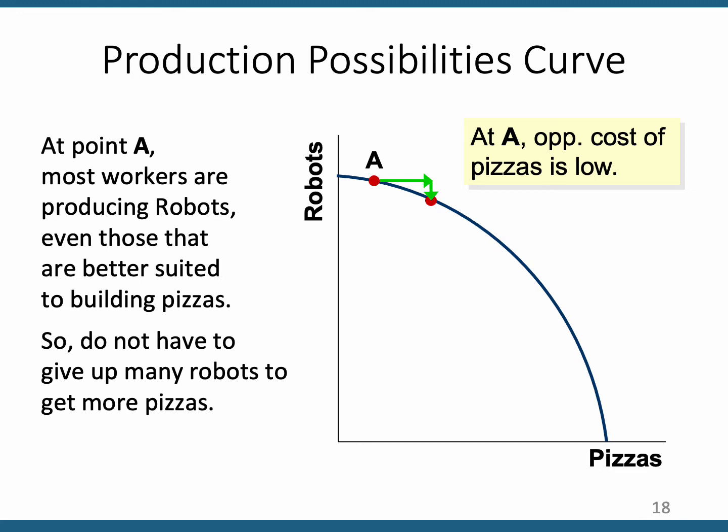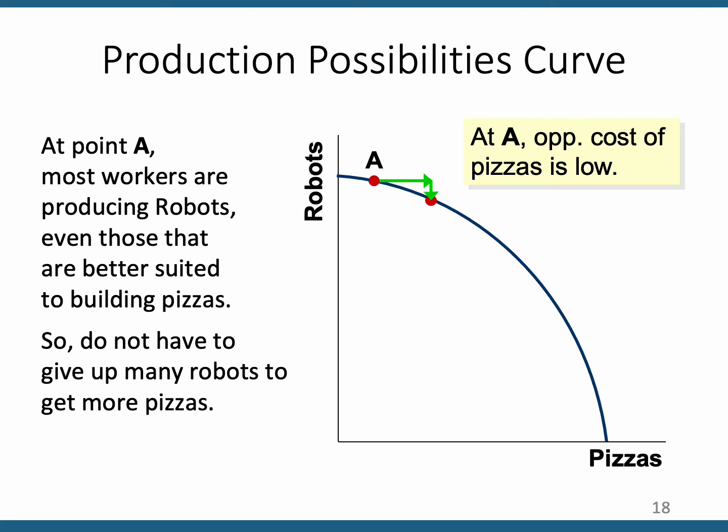The horizontal green arrow that points to the right is showing you what you're gaining in pizzas when you go from point A to point B. The smaller arrow, which is pointing downwards, that's showing how much you're sacrificing or giving up of robots per week in order to gain the pizzas that you're gaining. Well, you can see that foregone robot production is small compared to the increase in pizza production.